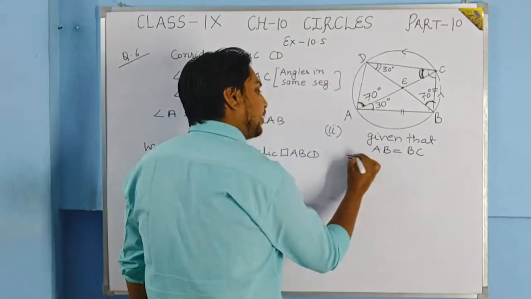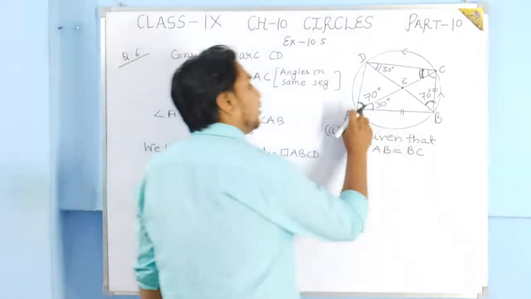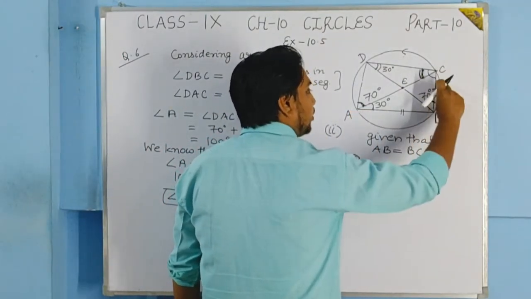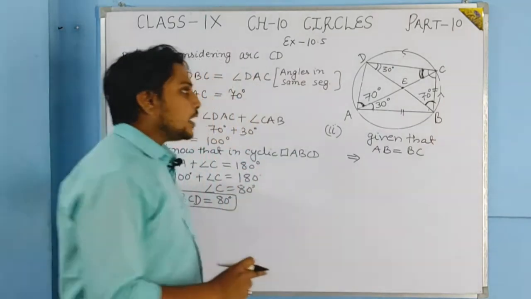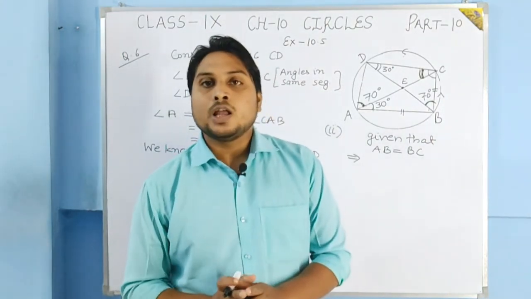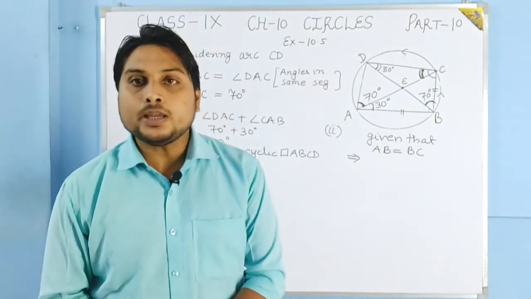So students, if AB is equal to BC, look at this triangle ABC. If in a triangle two sides are equal, then we know that the angles opposite to equal sides will also be equal.